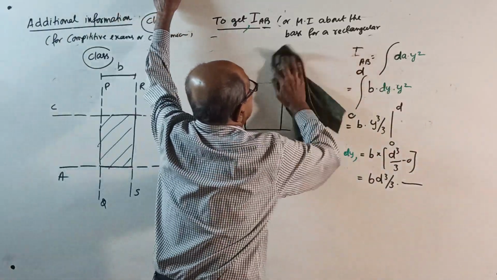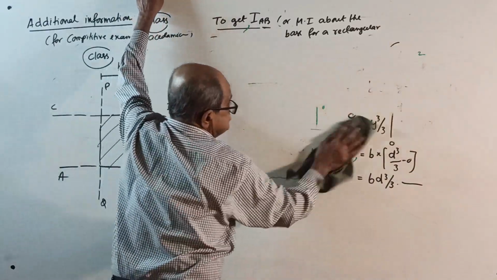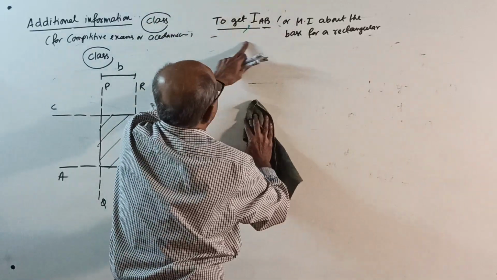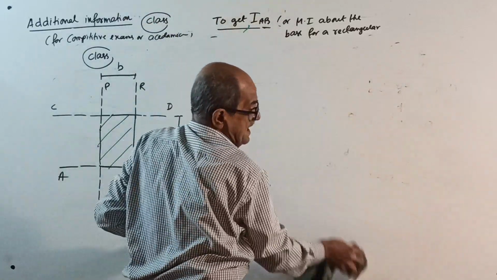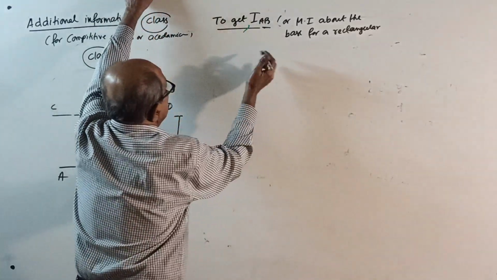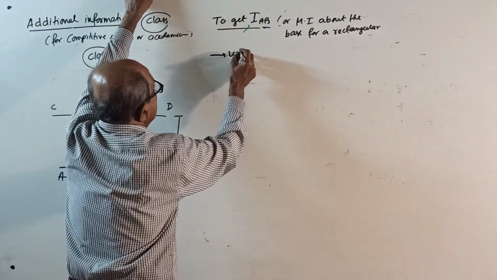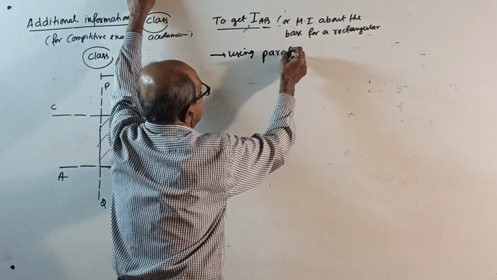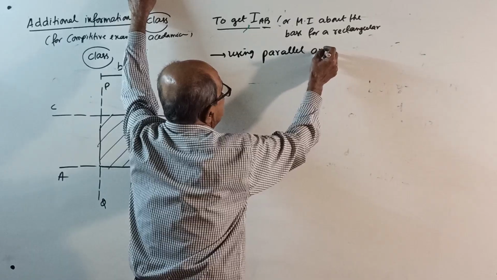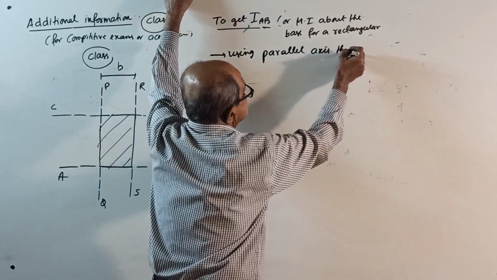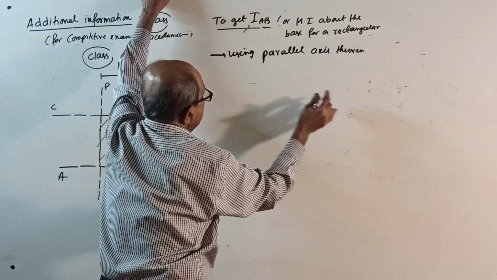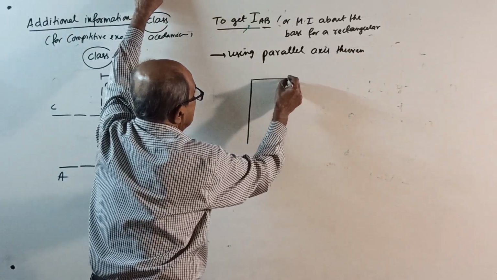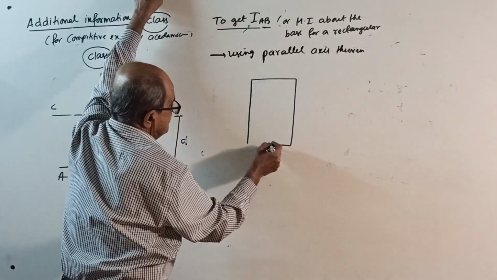See here. There is another option, which is actually the correct option, to get IAB about the base for rectangle. This is using parallel axis theorem. Okay, do one thing. Consider the rectangle here.